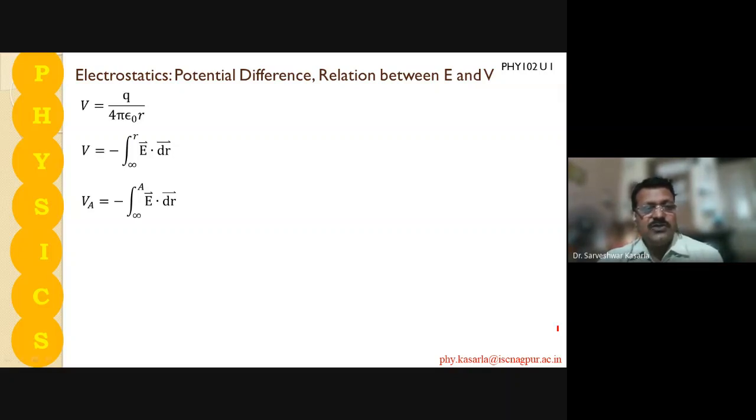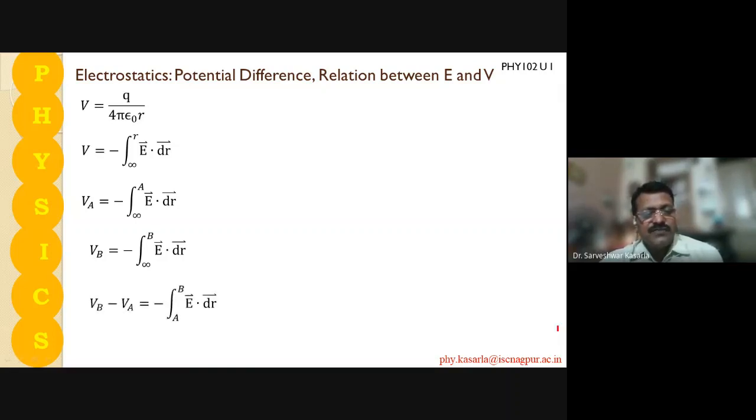So VA is equal to integration from infinity to A of E dot dr. We can say A is a point where charge can be moved from infinity to that particular point. So VB can be expressed like this. A and B are different points. The potential at point B will be expressed like this.